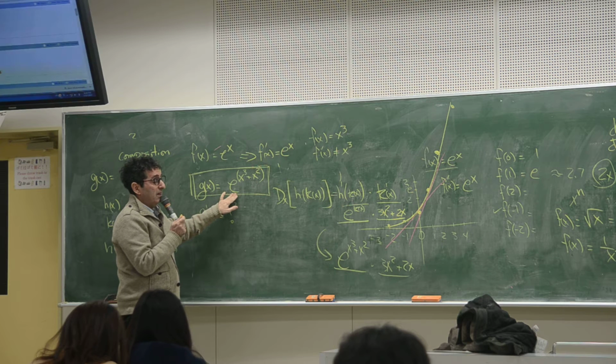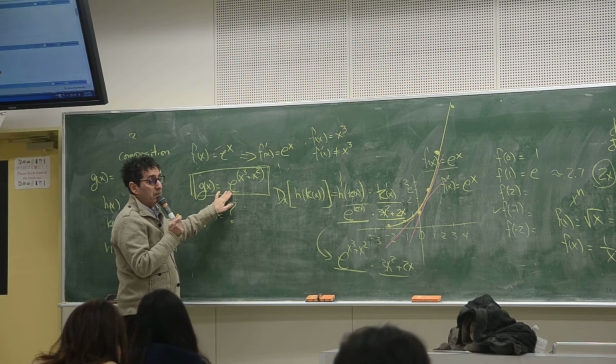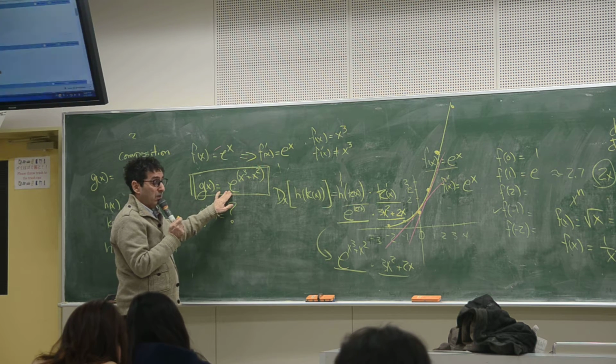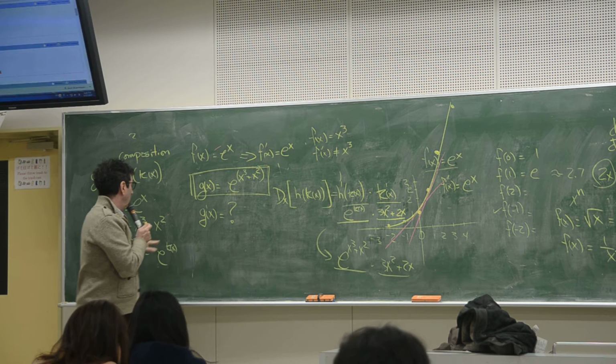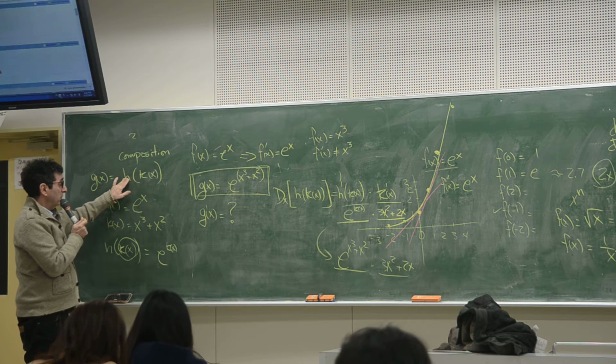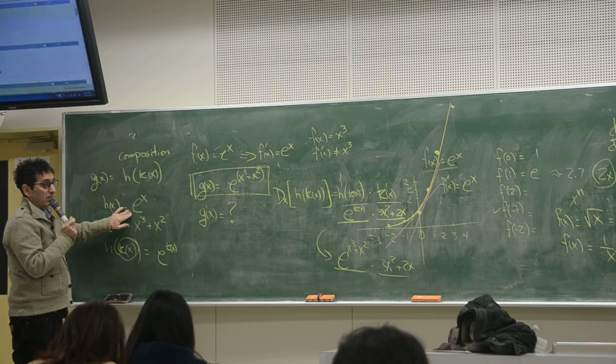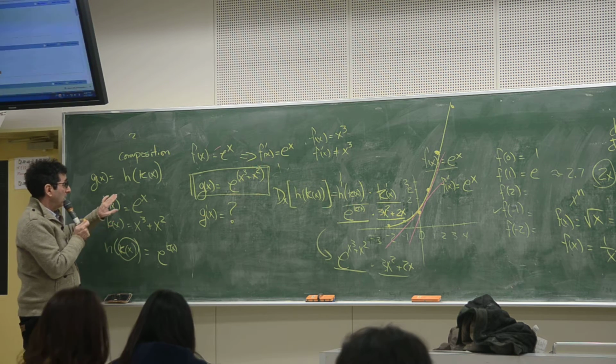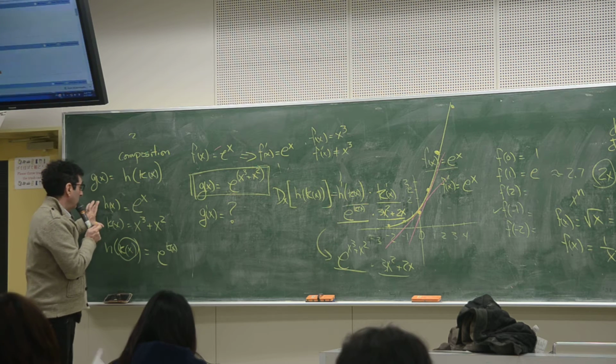If we can see this as the composition of 2 simpler functions, then we're allowed to use a rule, the chain rule. So I asked you, can you see this as the composition of 2 simpler functions? And somebody said, yeah, the outside function would be e to the x. And the inside function will be this. So now I've written this as the composition of these 2.